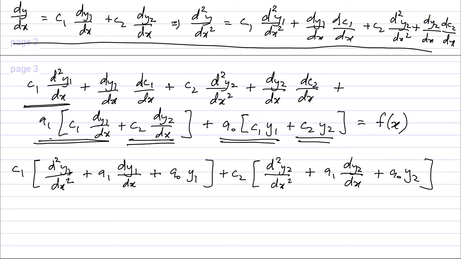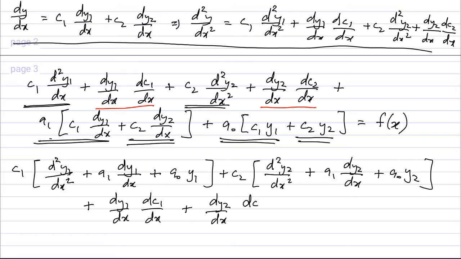And of course you're left with two terms, this term and this term. So you have then plus dy1 by dx dc1 by dx plus dy2 by dx dc2 by dx is equal to f of x.